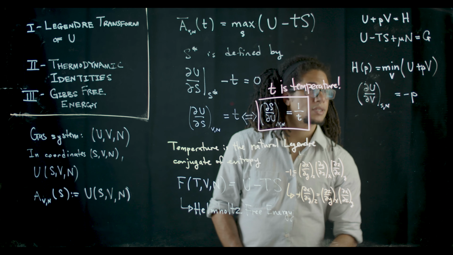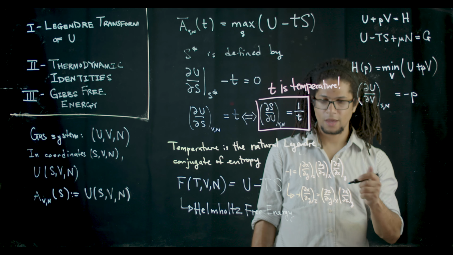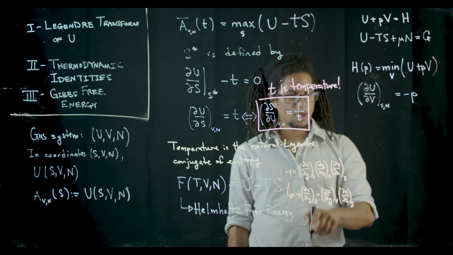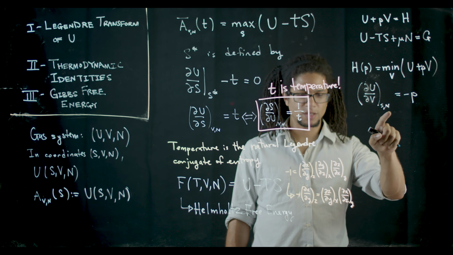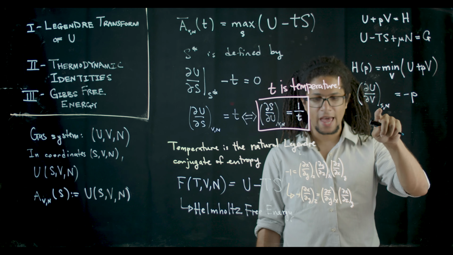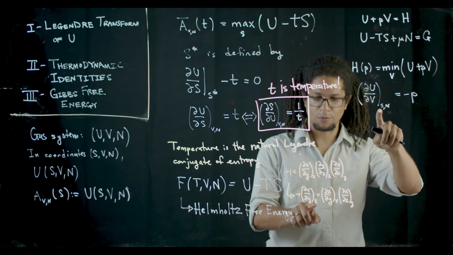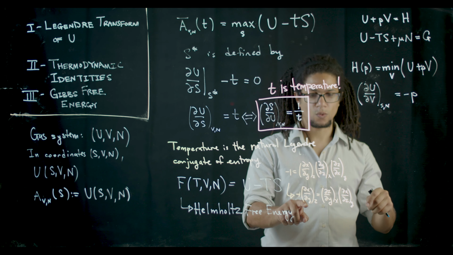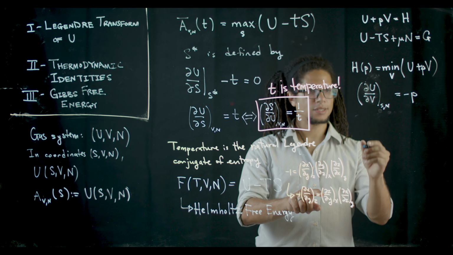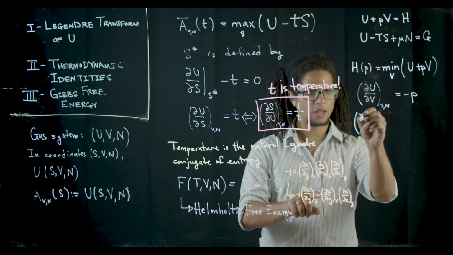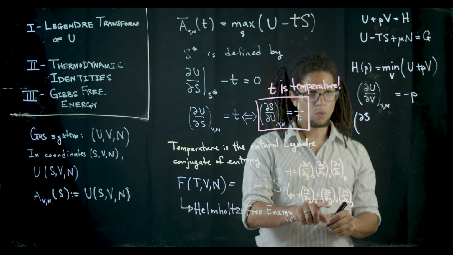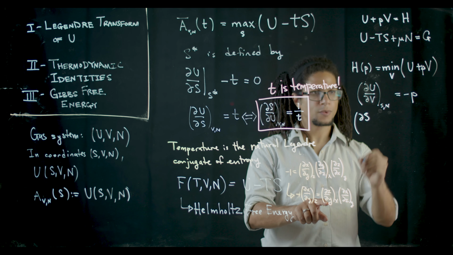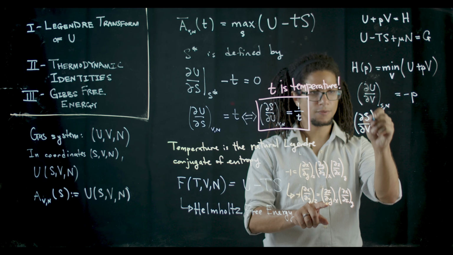So let's apply this up here. And what do we get? So here, n is going to be fixed through everything, so we're just going to ignore it. But s is going to be serving the same role as z, u as x, and v as y. So again, s is z, so we get partial s up here. Y is v, so this is partial v.